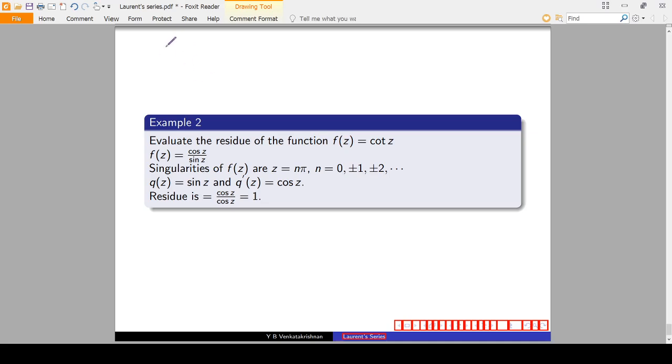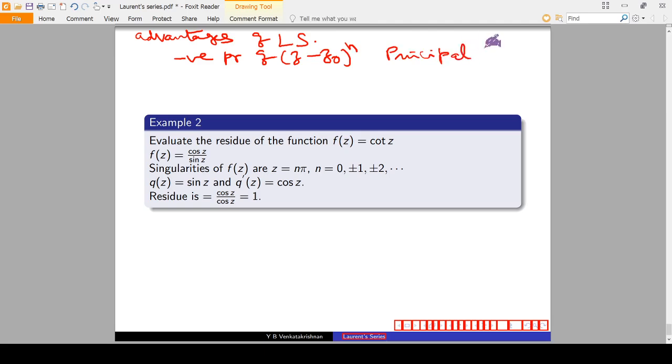Okay. So let me recall what we have discussed in this particular lecture. We saw the advantages of the Laurent series, and the negative powers of z minus z naught whole power n is called the principal part, and this principal part helps to identify the type of singularity.